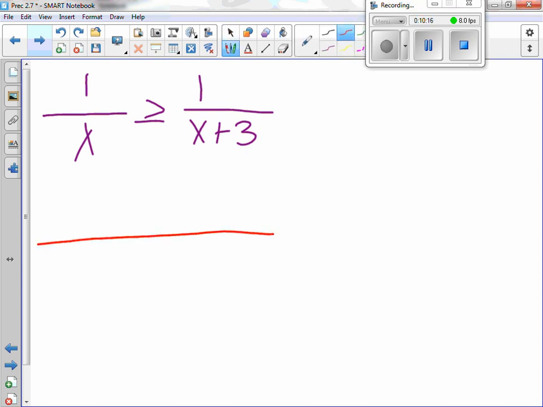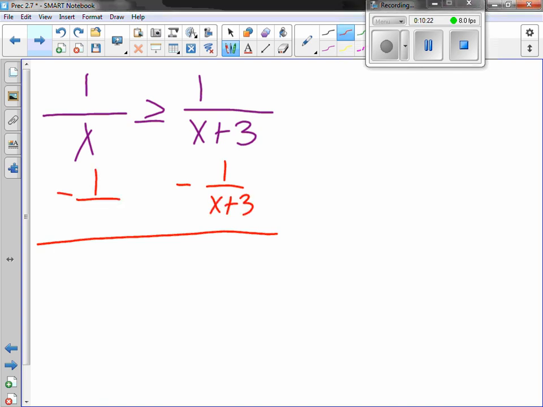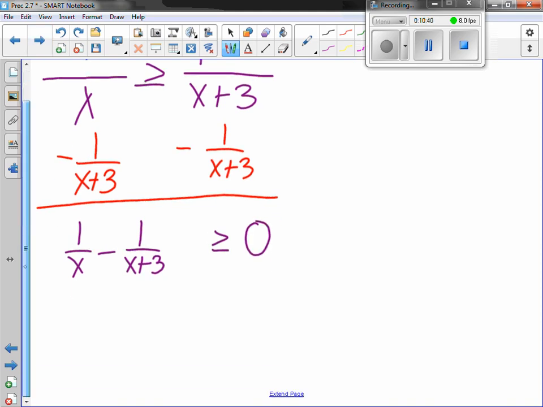Which way do we want to move? So I'm going to minus 1 over x plus 3 from both sides, because we're getting everything on the same side. And when we do that, we'll have 1 over x minus 1 over x plus 3 is greater than or equal to 0.